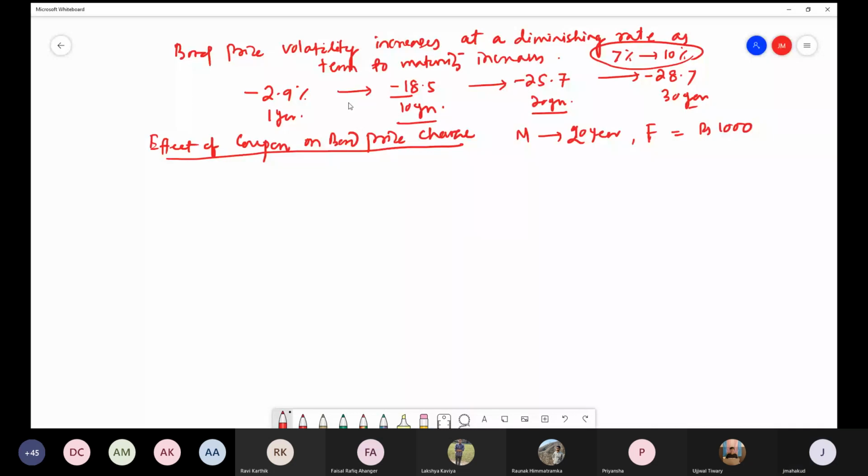So for the bond, the same thing we can write: the discount rate, your present value of interest payments or the coupon, your present value of principal, your total value, and percentage change in the total value. Right?